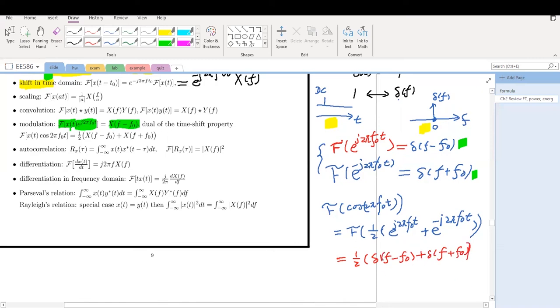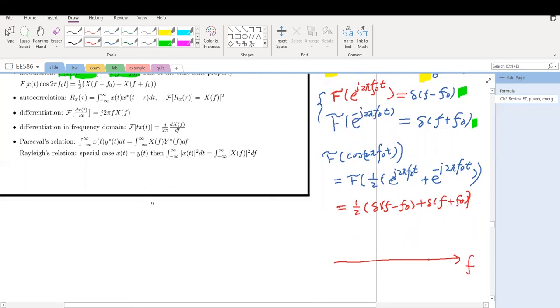So if we plot it, this is f naught, this is 0, this is minus f naught, with height half. This is the spectrum of the cosine signal. It contains two delta functions, and the magnitude is half and half.